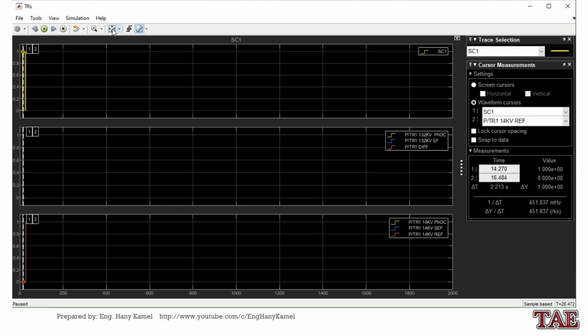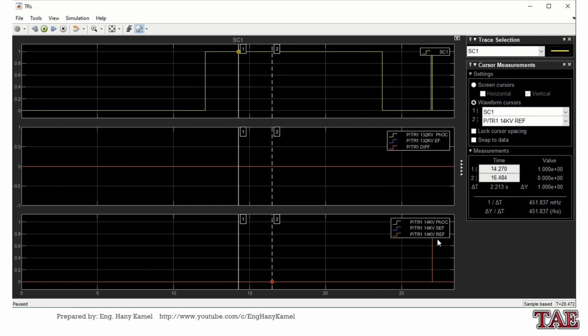This is the disturbance recorder. We can see the restricted earth fault operated. This is our fault.